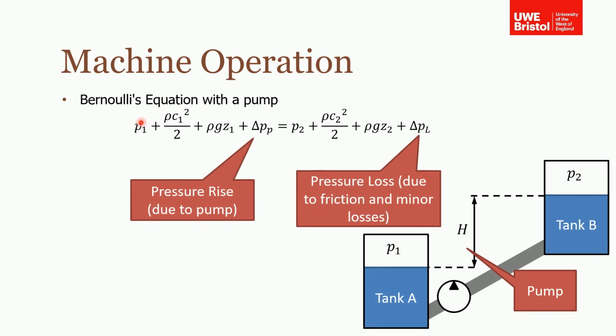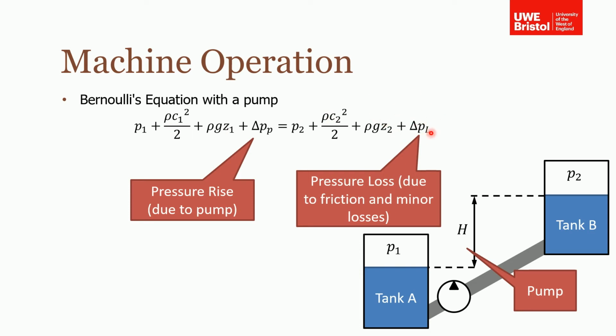So we solve this using Bernoulli. Most of this you'll recognise from before. The first thing to state is where we're taking point 1 and point 2 from. Point 1 will be on the surface of the liquid in tank A, and point 2 will be on the surface of the liquid in tank B. In Bernoulli's equation, we've got our static pressure plus our dynamic pressure plus our potential equal to the same at point 2.